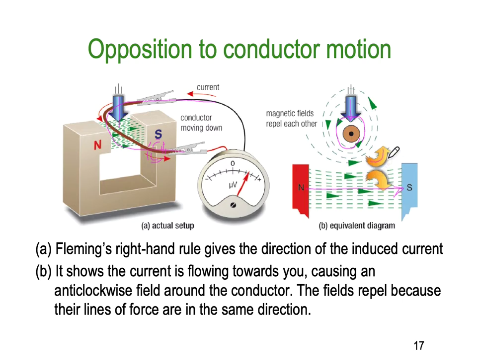They are wanting to push each other away, because field number 1 actually produced field number 2, and they are the opposite to each other, and this is called Lenz's law.